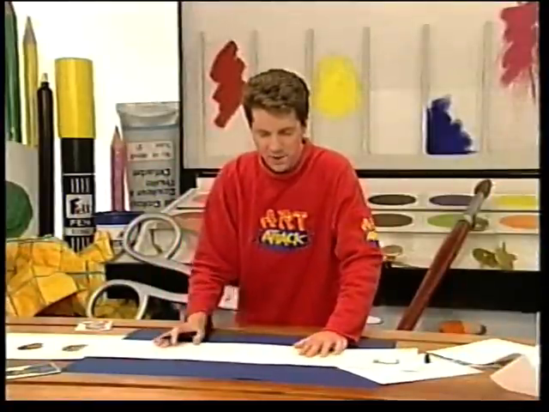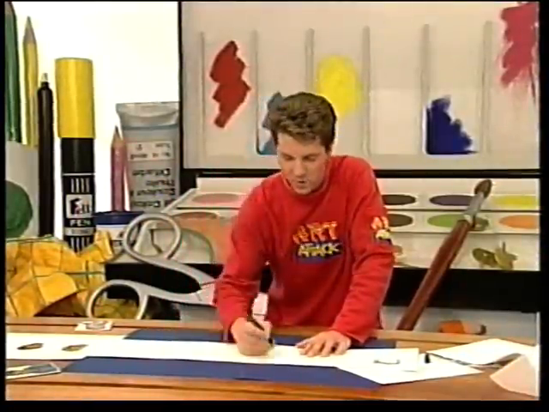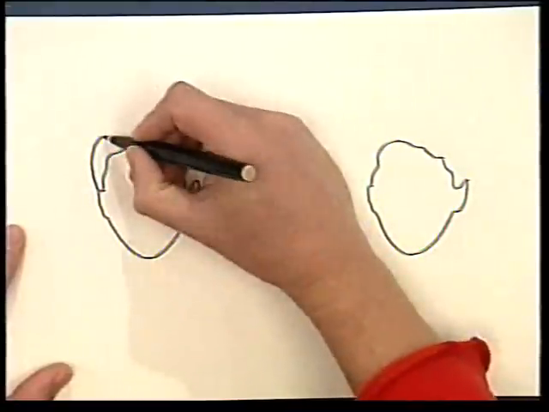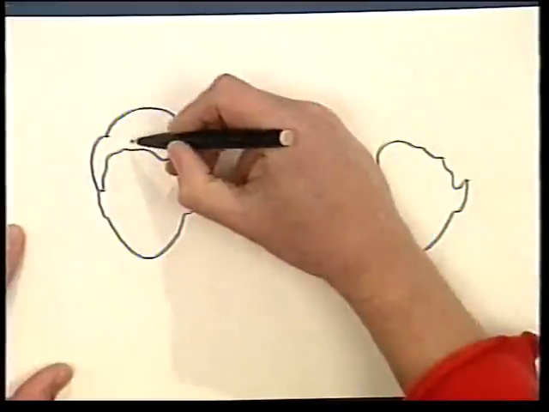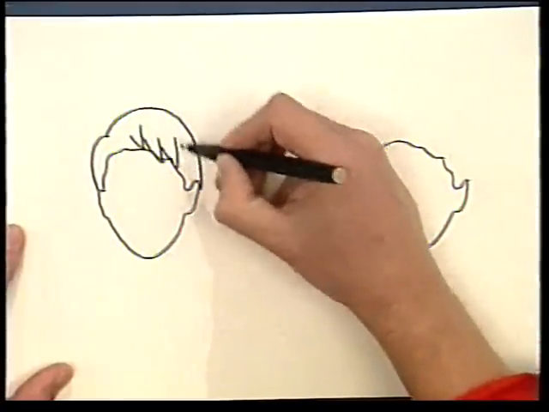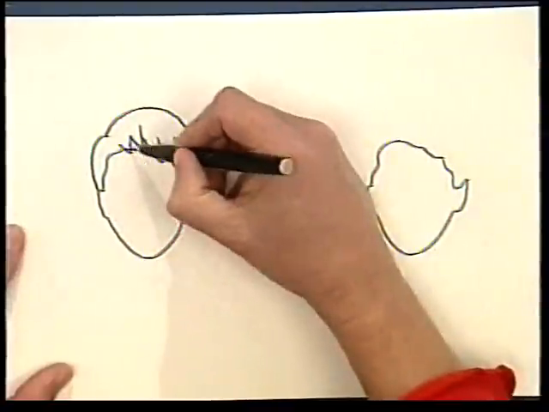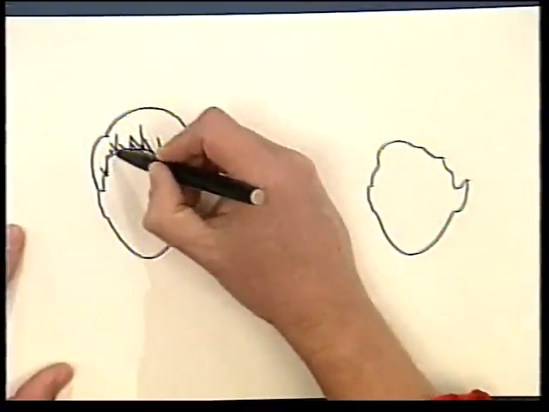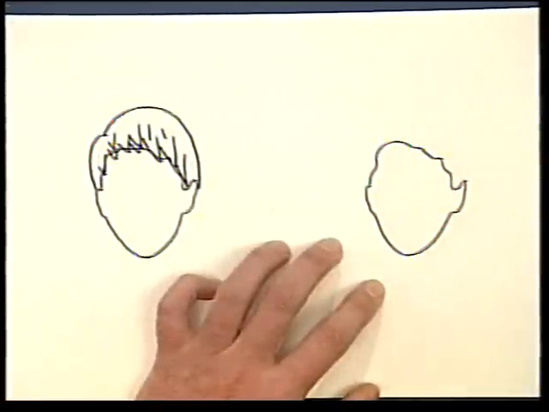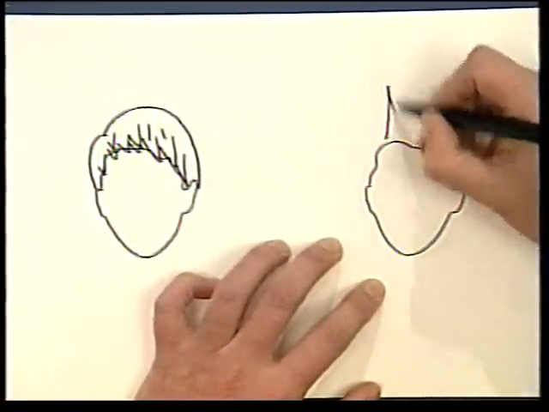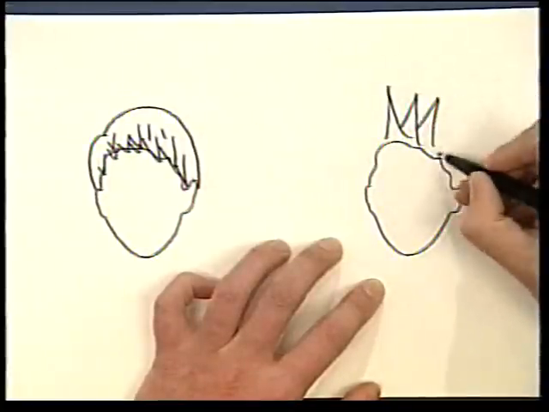Okay, let's try a couple of other ones. What about one of these longer hairstyles where a lot of pop stars wear these hairstyles as well, where the hair's really flicked over the fringe like that. Or maybe something really crazy. Oh, I know. Oh, you laugh at this one, look at this.